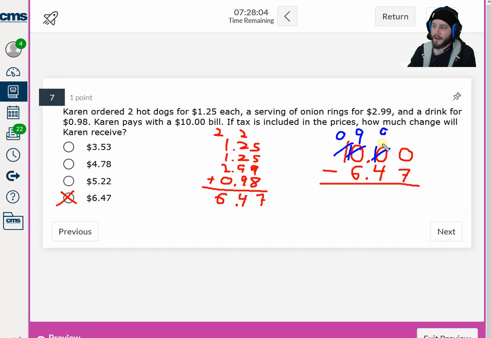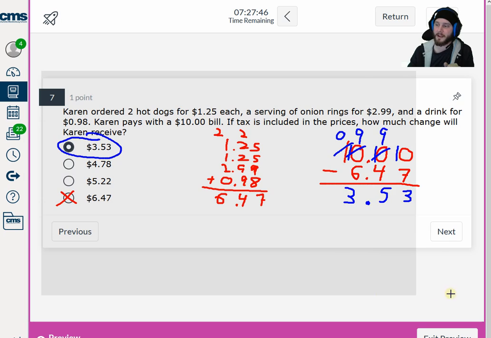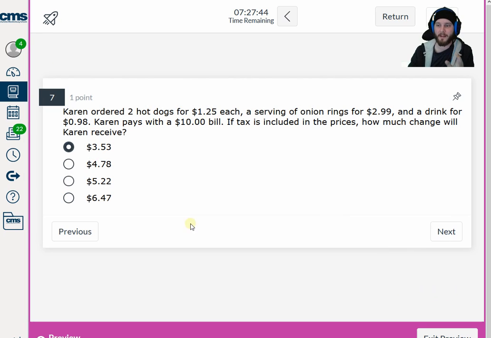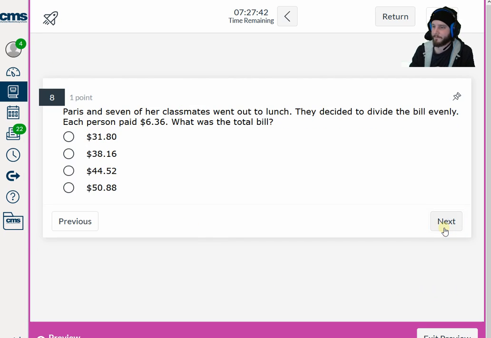Borrow, make it a 9, and now this is a 10. Okay? 10 minus 7 gives me a 3. 9 minus 4 is 5, and 9 minus 6 is 3. My real answer was $3.53. That's how this problem was supposed to be done. Be very careful to make sure that you line up the decimals and read the problem carefully.